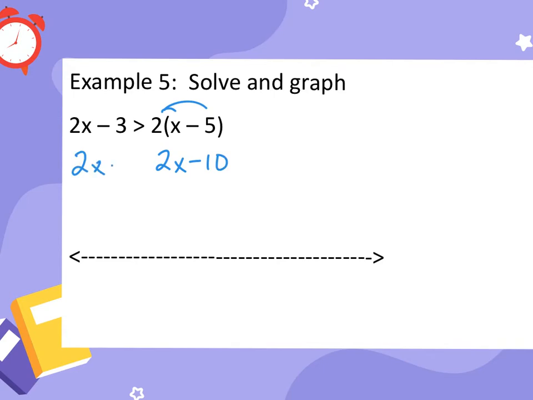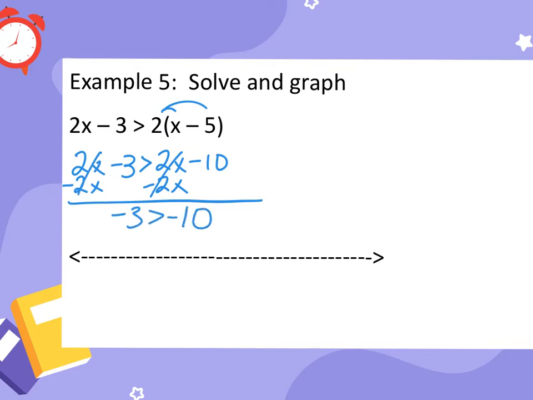Okay. Now it's time to get this down to one variable. Which one should I move? That's on the right. Okay. So we'll subtract 2x on both sides, and I end up with -3 is greater than -10.